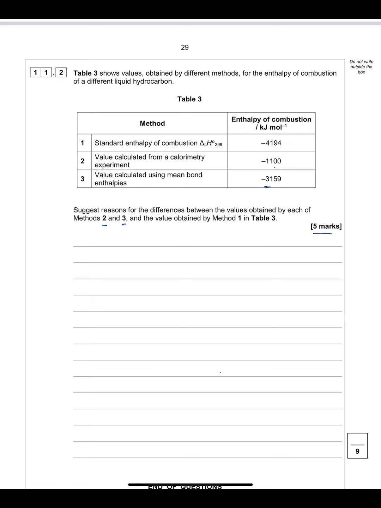So first of all, you need to state that the enthalpy of combustion from calorimetry is less exothermic than the standard enthalpy. And then you need to explain why. There are several reasons why the calorimetry experiment usually gets you a less exothermic value.